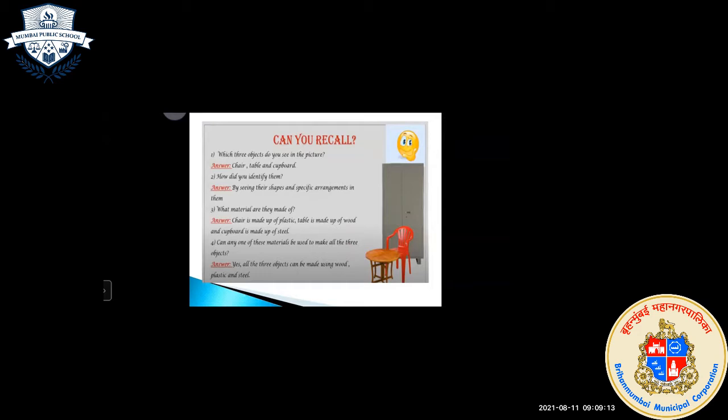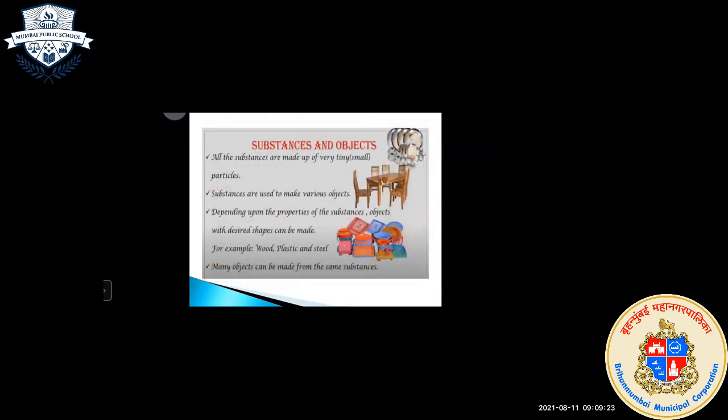Students, are you getting the meaning of substance? Substance is made up of very tiny particles, and substances are used to make various objects. See, substance is one, but the things made from it are many, that is, objects made from it are many.